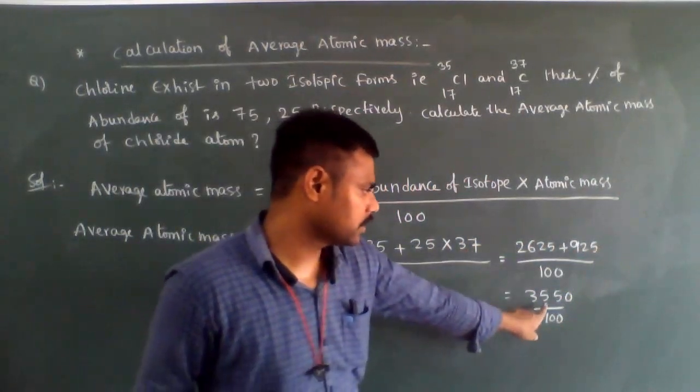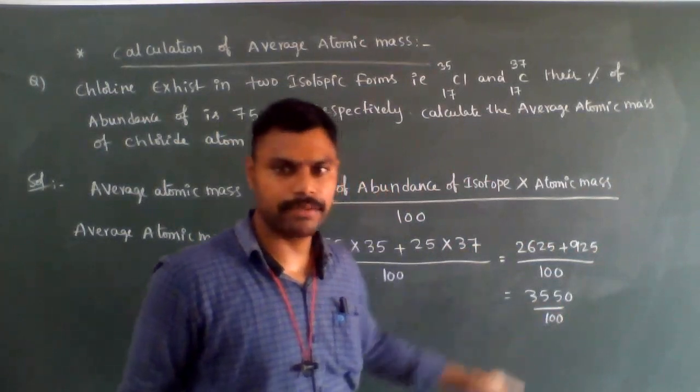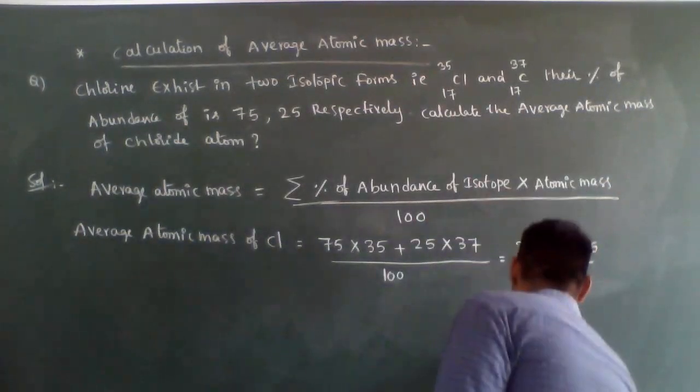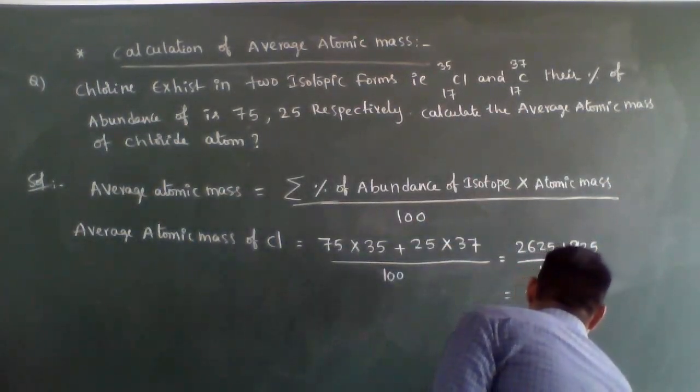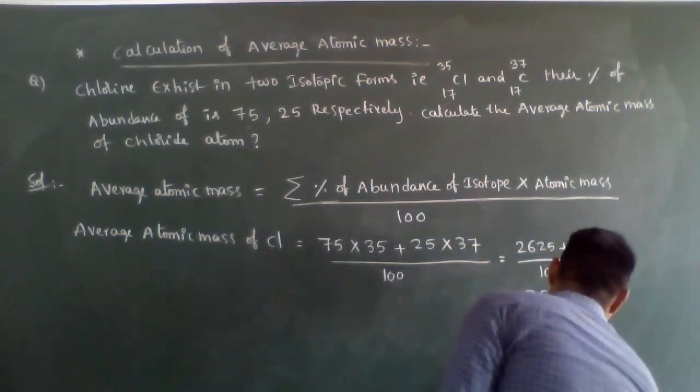If you add both, 3550 by 100 is equal to 35.5.